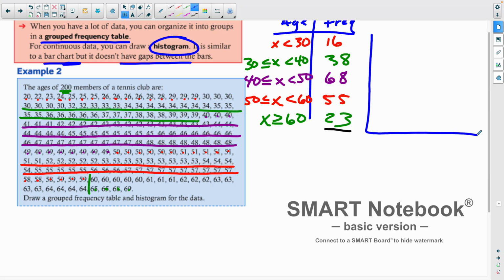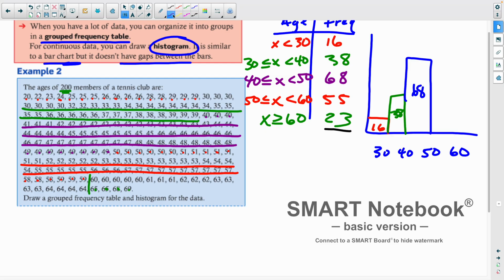All right? So I started with 30 and went 40, 50, 60. All right? So I'm going to do it this way. Everything less than 30, 16, all right? From 30 to 40, 38. 40 to 50, 68. 50 to 60 is 55.